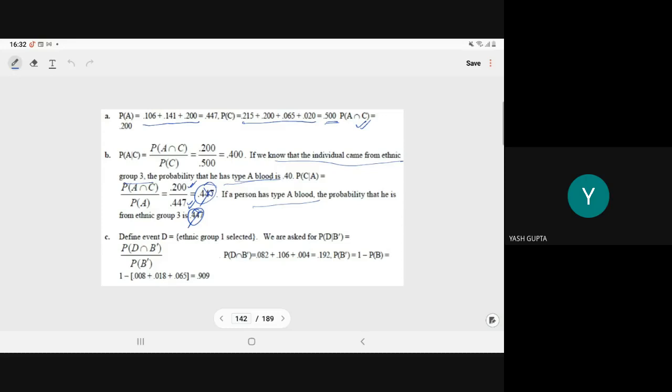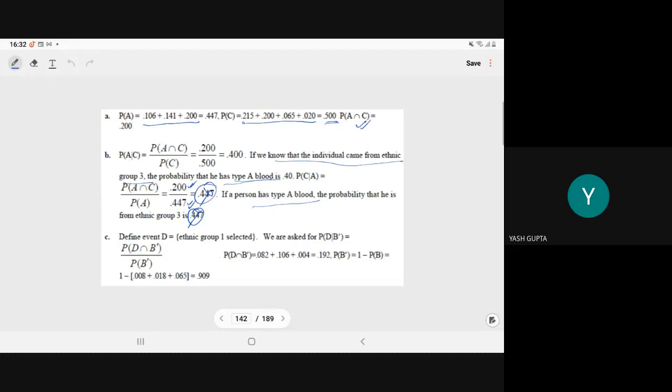So we have to define the event D, ethnic group 1 selected. So when we say D, the ethnic group 1 selected.